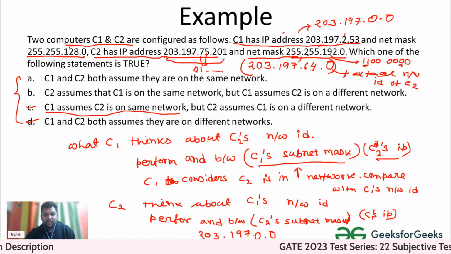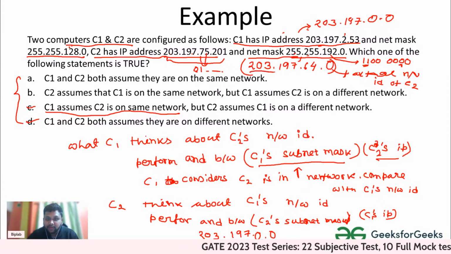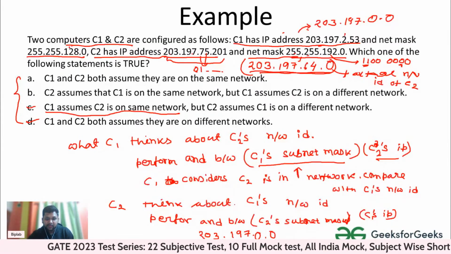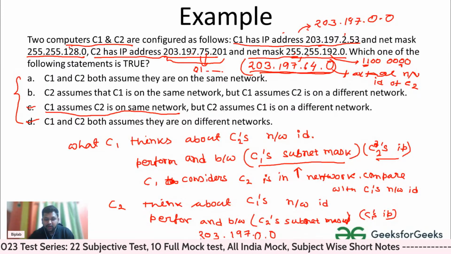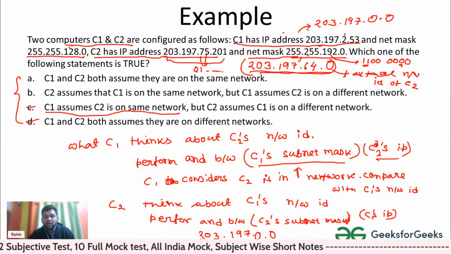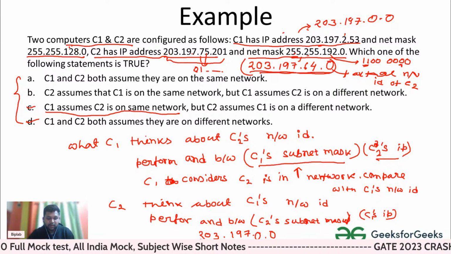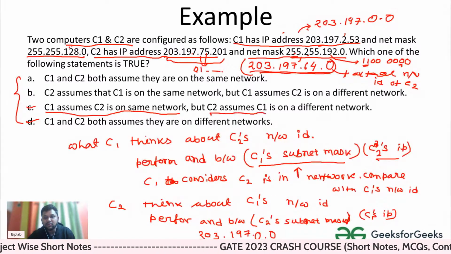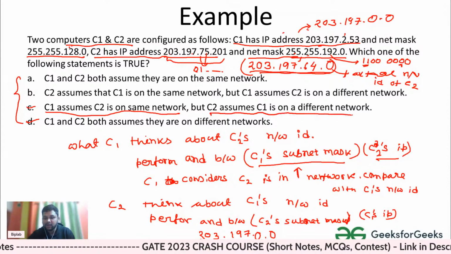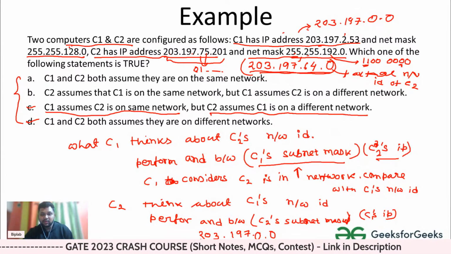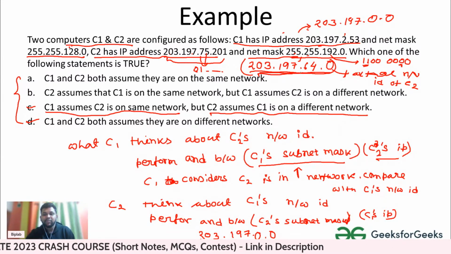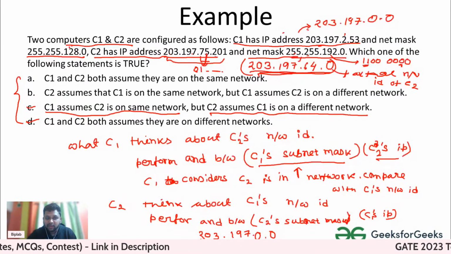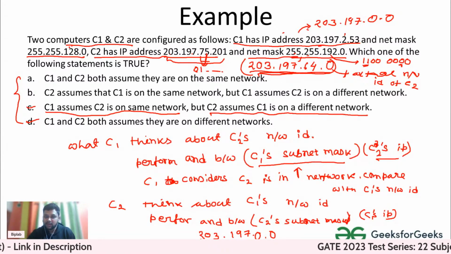Now look at this. C2 is present in this network and C2 thinks C1 is present in this network, which are different. So C2 assumes C1 is on a different network because C2 is present in this network that we have got by performing AND between C2's IP address and C2's net mask.